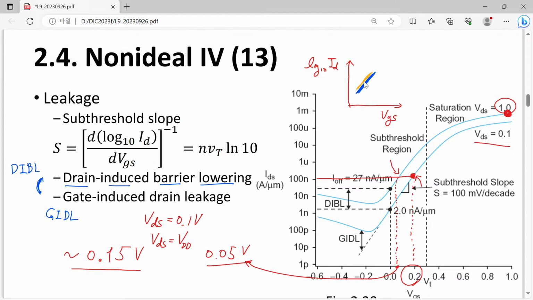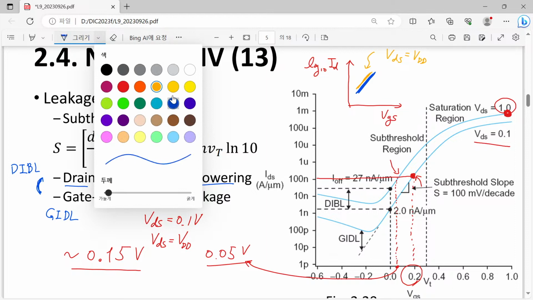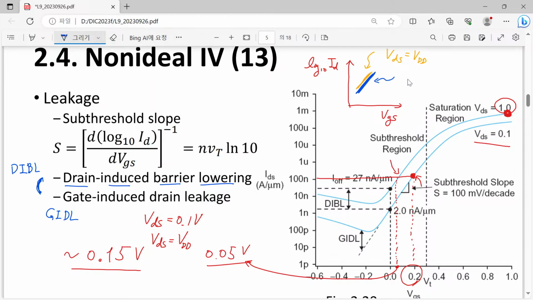Here, what are they? One is the curve obtained from VDS equal to VDD case. Another one is corresponding to VDS quite close to 0.